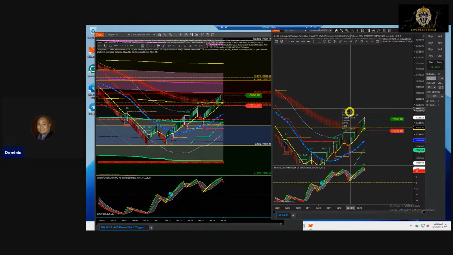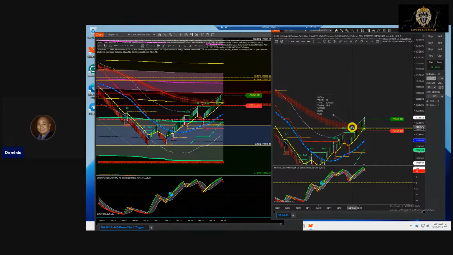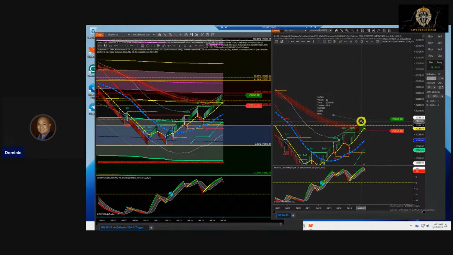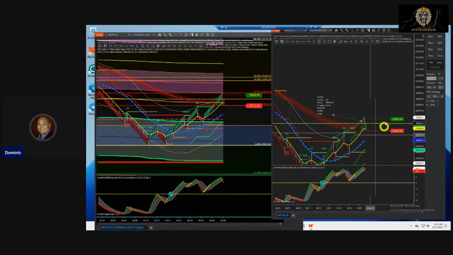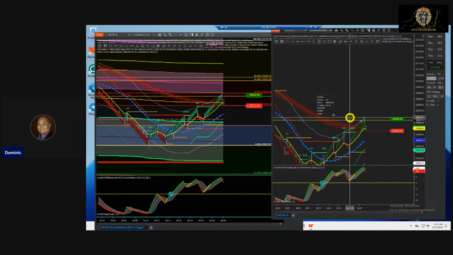Wait, what happened to my thing here? Oh, there we are. So let's say here, it's 220. You decide to go up here, outer band again, 320, and you didn't stop there. And this is in the basic strategy.